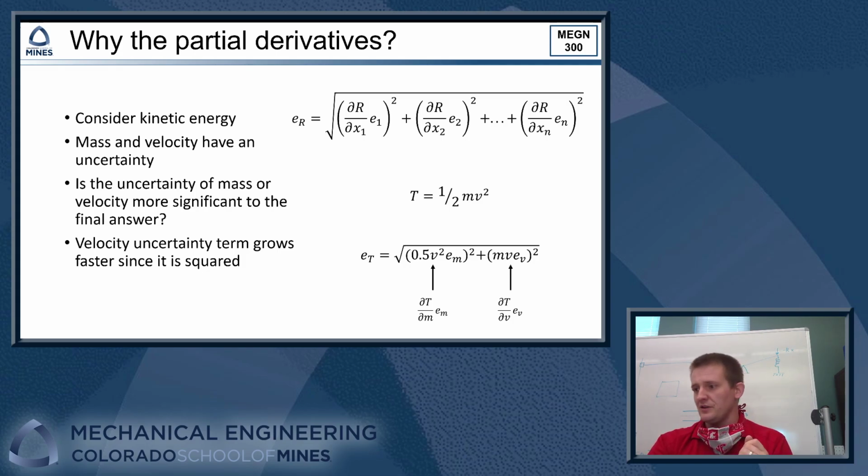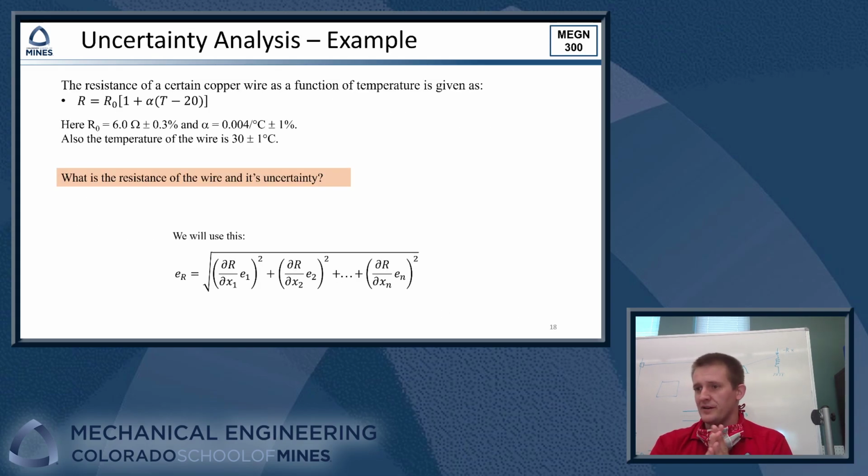All right, so let's take a look at an example of this. What we have here is a copper wire, and we know that its electrical resistance is a function of temperature, and it happens to follow this formula here. So we have an initial resistance, R naught, which is 6 ohms plus or minus 3%.